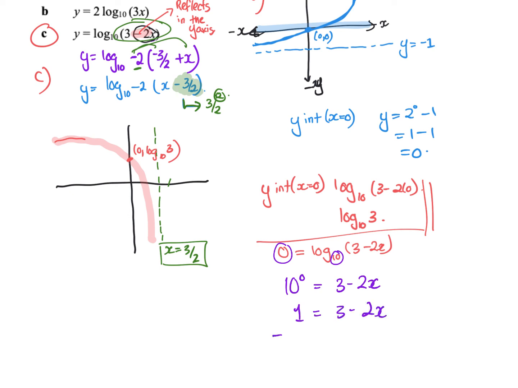That'll be 1 minus 3 equals negative 2x. So I get, sorry, running out of room, negative 2 equals negative 2x. So negative 2 divided by negative 2 equals x. So 1 equals x. The x-axis intercept is 1, so I just write 1, 0. Okay?